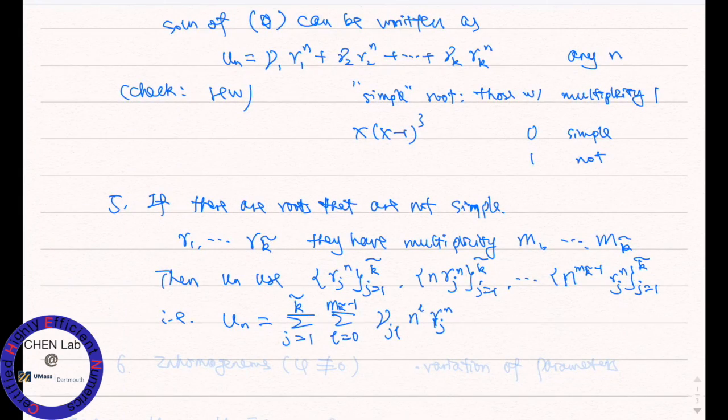I'm going to give you two examples. The first one is u_{n+2} minus u_n is equal to 0, the homogeneous case. From this scheme, we're going from 0 to non-zero, the standard technique.